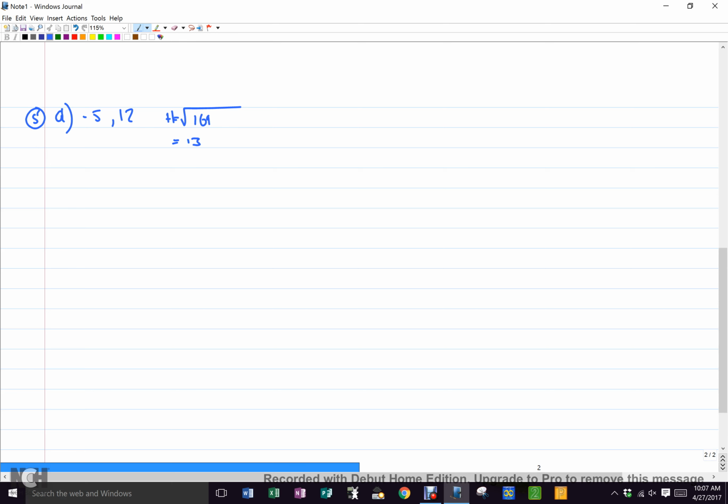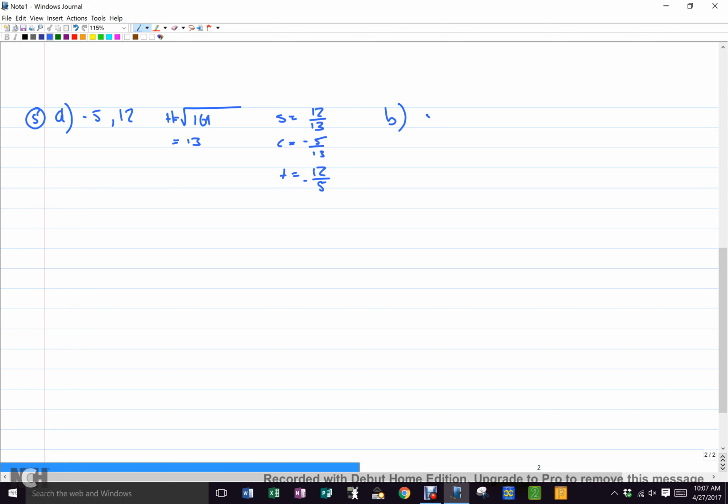So then you do your sine, cos, tan. Sine is 12 over 13. Cos is negative 5 over 13. Tan is 12 over 13. I lie, of course, because tan is 12 over 5, negative.